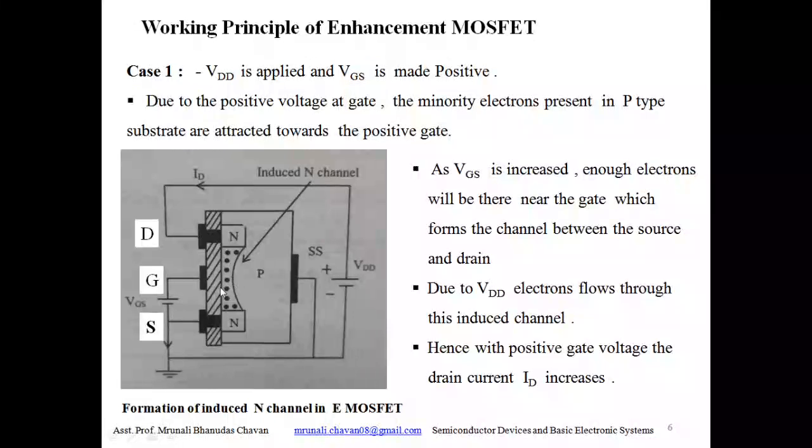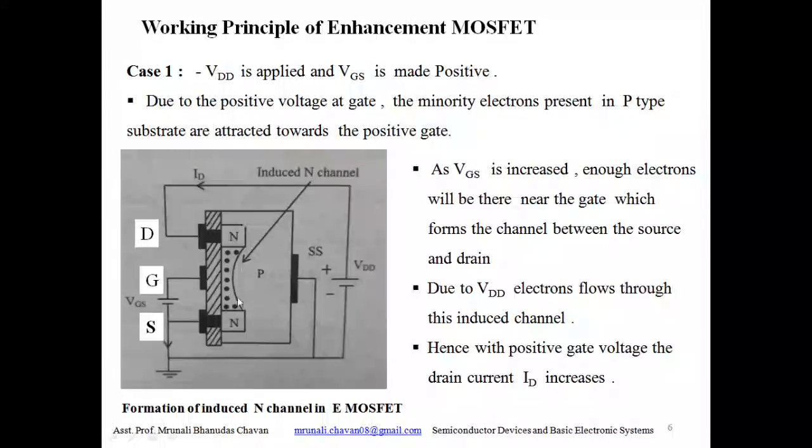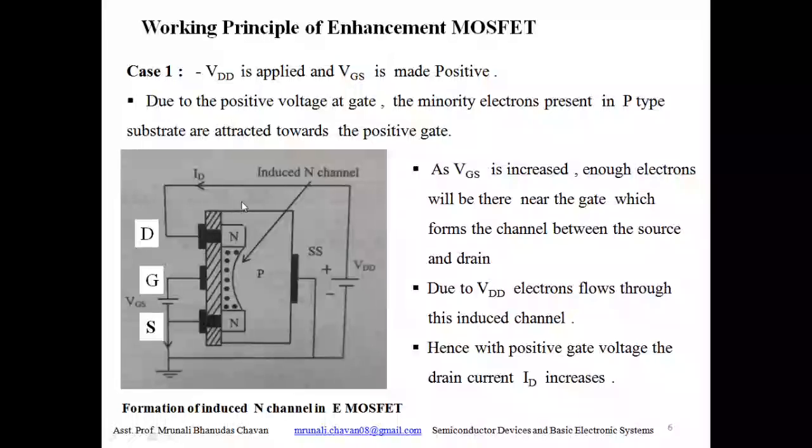So as VGS is increased, enough electrons will be near gate, which forms the channel in between the source and drain. Here if we increase VGS, enough electrons will get attracted or accumulated at this terminal, and these make a channel that is called an induced channel.